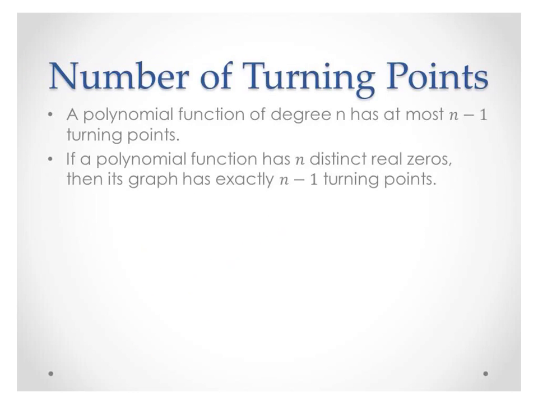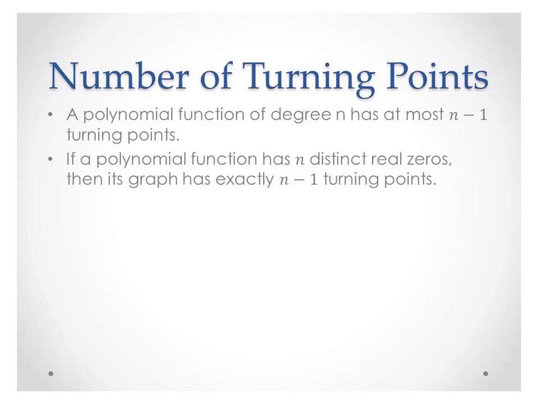So we have something that's going to tell us about turning points. It says a polynomial function of degree n has at most n minus 1 turning points. So if you have degree 3, you have at most 2 turning points. If you have degree 10, you have at most 9 turning points. And if a polynomial function has n distinct real zeros, then its graph has exactly n minus 1 turning points.